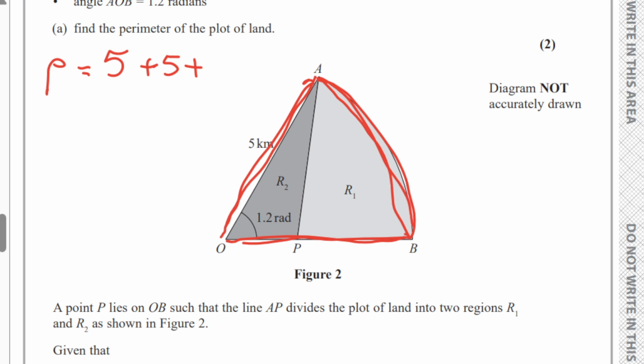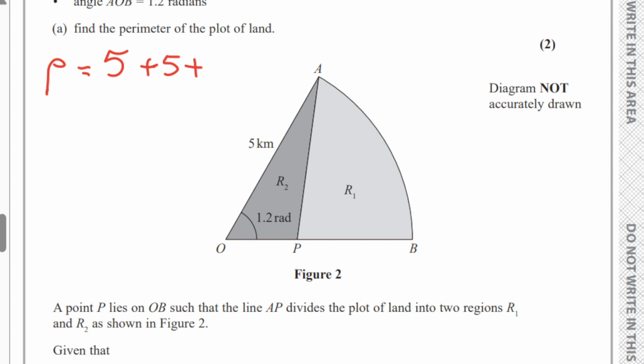This length is part of the circumference, right? So how do you find the length of an arc? The length is r theta, right? So it's going to be 5, which is the radius, times the angle, which is 1.2. Make sure your calculator is in radians.